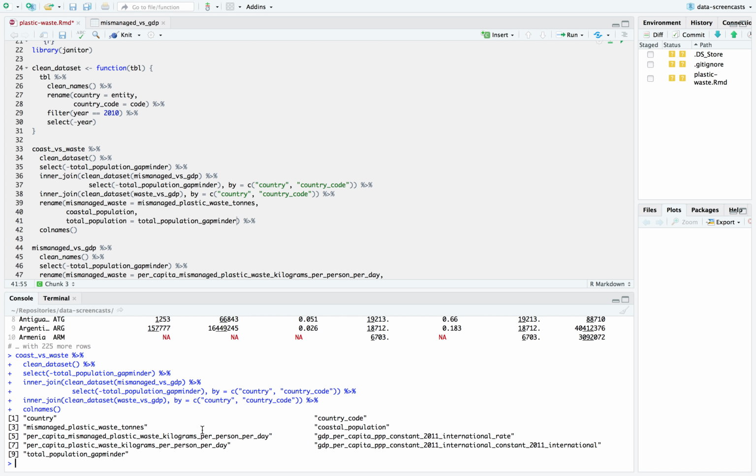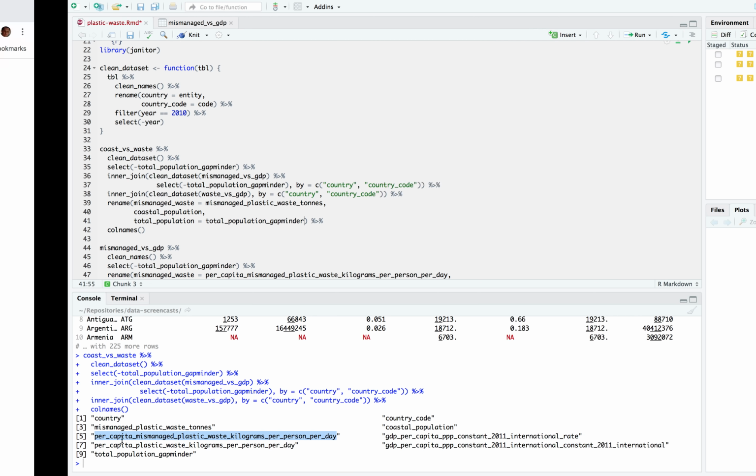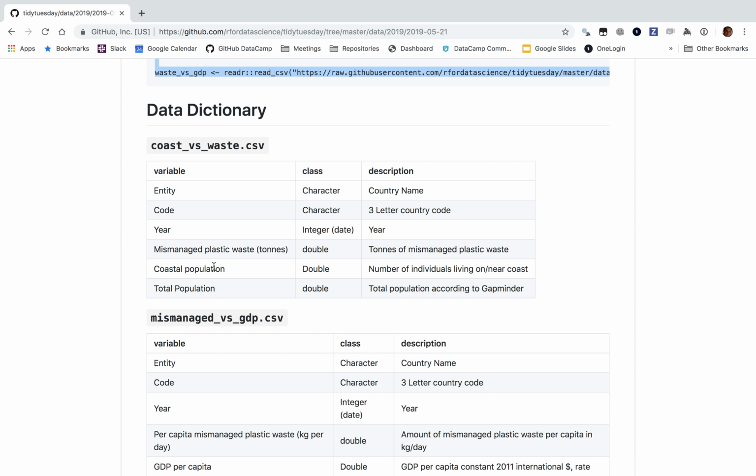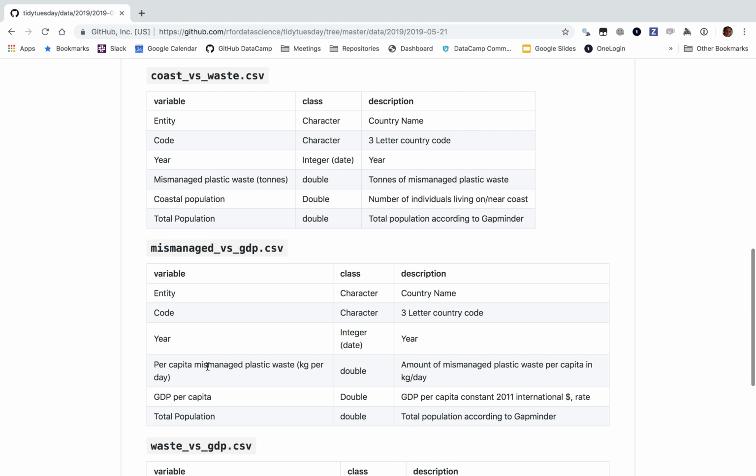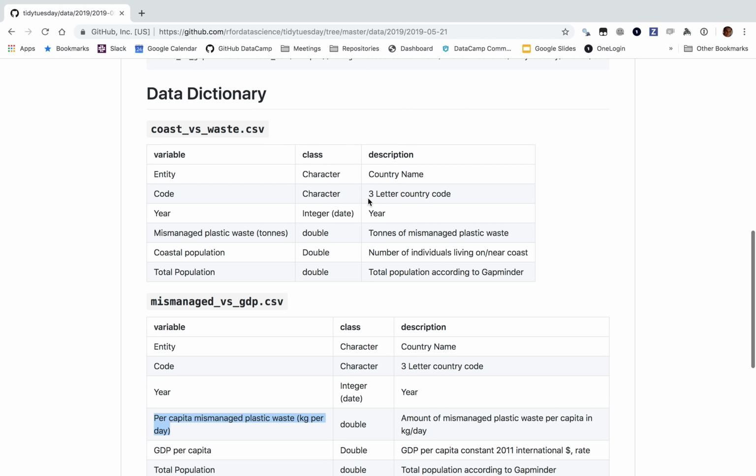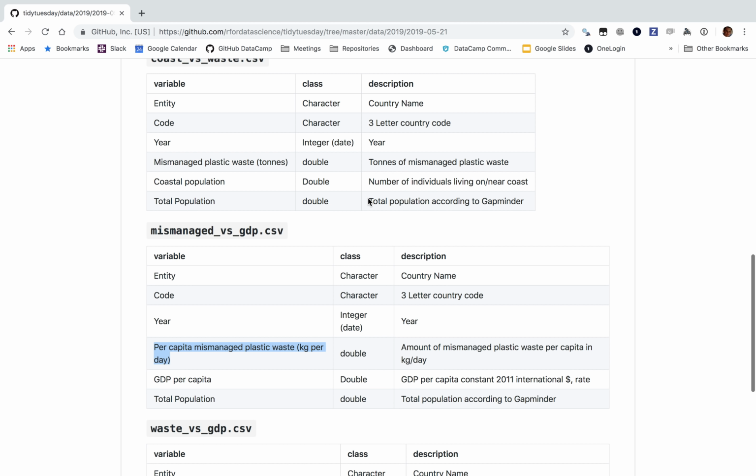And then we have, let's see, per capita mismanaged waste per day. Oh, I see, a coastal population. Okay, so this is mismanaged plastic waste in kilograms for the entire country. And then we also look at the fraction living on the coast.